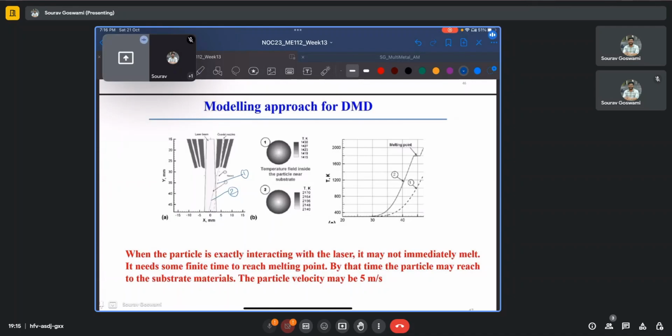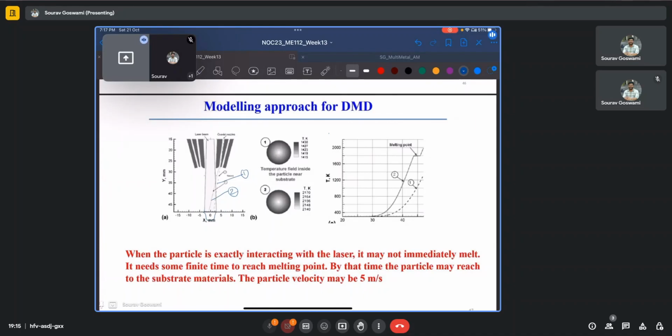This may be inferred to be because of the very low interaction time of the particle with the laser. And again, if we remember, there's a higher chance of unmelted or partially melted particles remaining near the periphery of the melt pool compared to the center, where the particles are more probable to be fully melted.